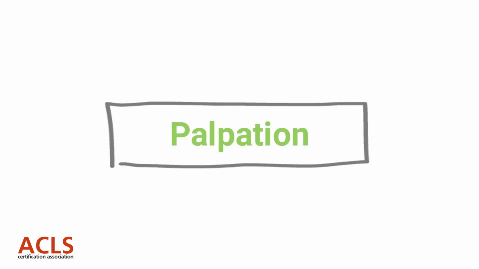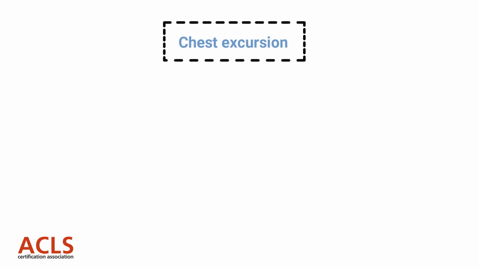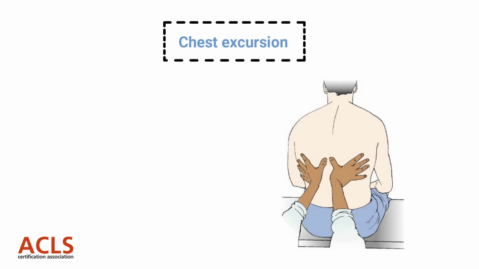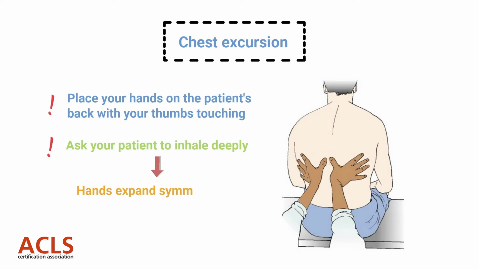Now we're going to move on to palpation, which is really important in our critically ill patients. So the first one I want to talk about is chest excursion. This is the assessment technique where you, as the nurse, are going to place your hands on your patient's back with your thumbs touching, and you're going to ask your patient to inhale deeply, and you're looking for your hands to expand symmetrically.